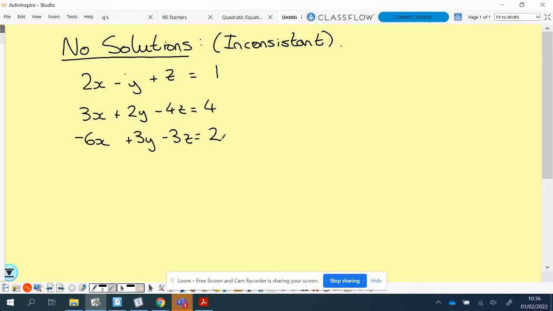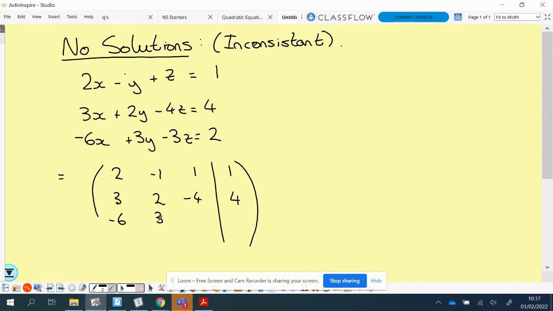First we'll put it into our matrix using our coefficients: 2, minus 1, 1, and then 1 in the solutions part for the first row. Then 3, 2, minus 4, and 4 for row 2. Then negative 6, 3, negative 3, and 2. So I get this here.